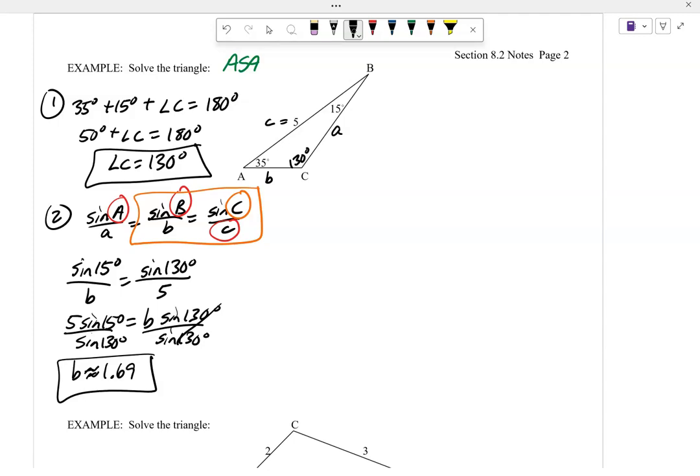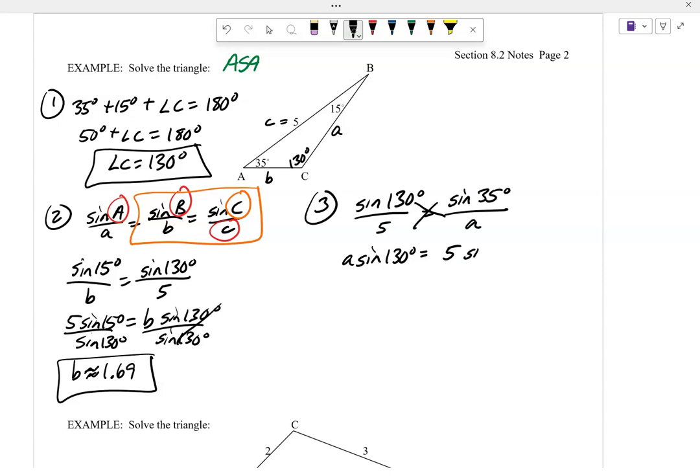All right, so now we just need side length A. So step 3, I got sine of C over C, sine of 130 over 5, equals sine of A, which is 35 degrees, over lowercase a. I don't know lowercase a side length. And we're going to go ahead and cross multiply again. Divide by sine 130.